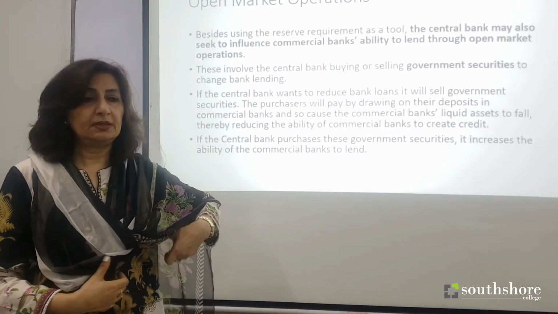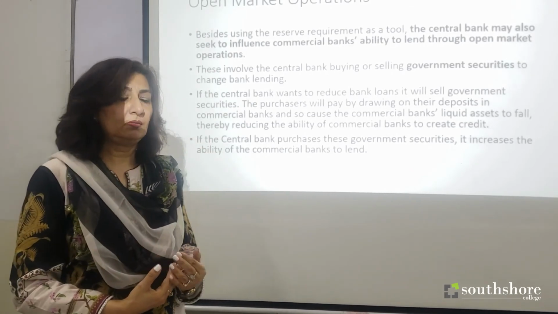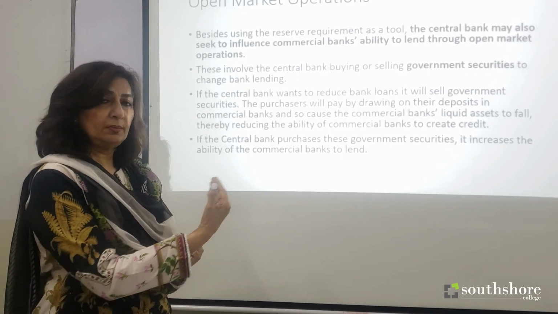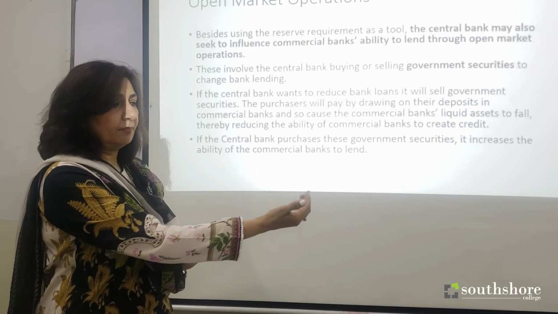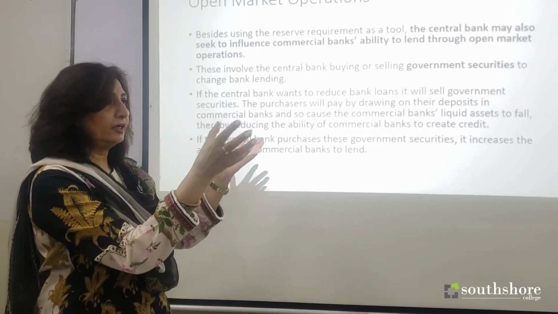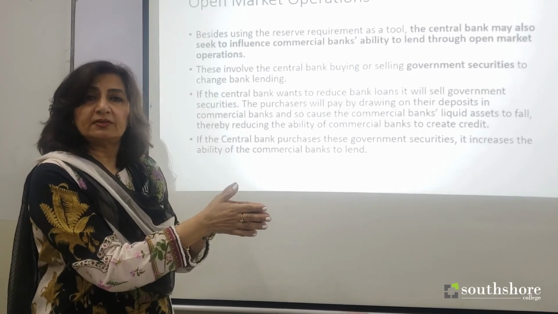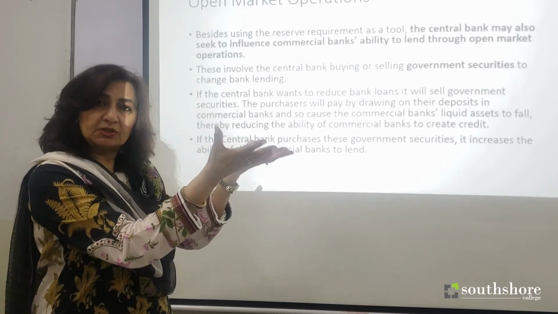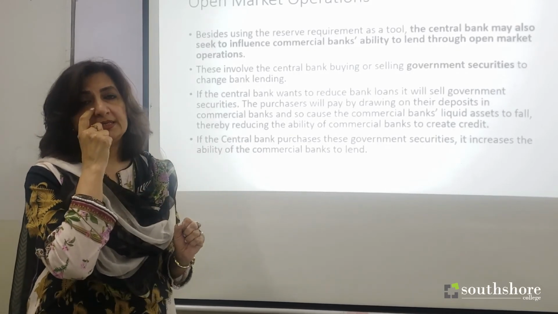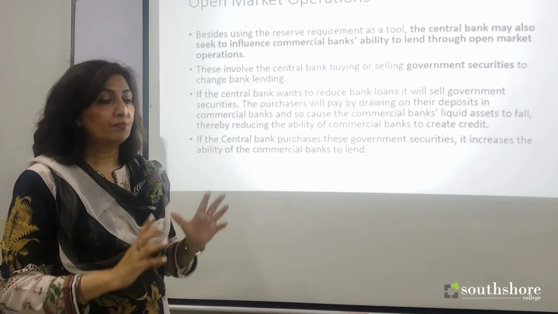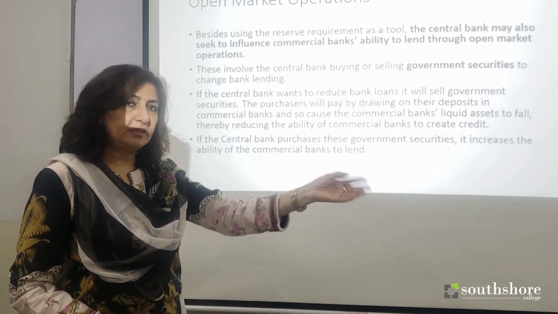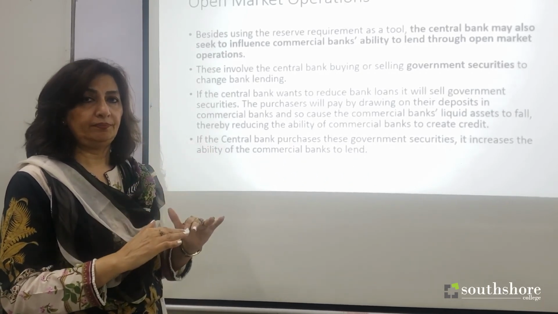When the central bank sells the bond, the bond goes to the public, to the people, and people pay the money to the central bank. So they are drawing on their deposits in the commercial banks, right? So what is going to happen? The commercial banks' balances will go down. This will contract money supply. Money supply will fall. So when the central bank is selling the government securities, money supply will fall.